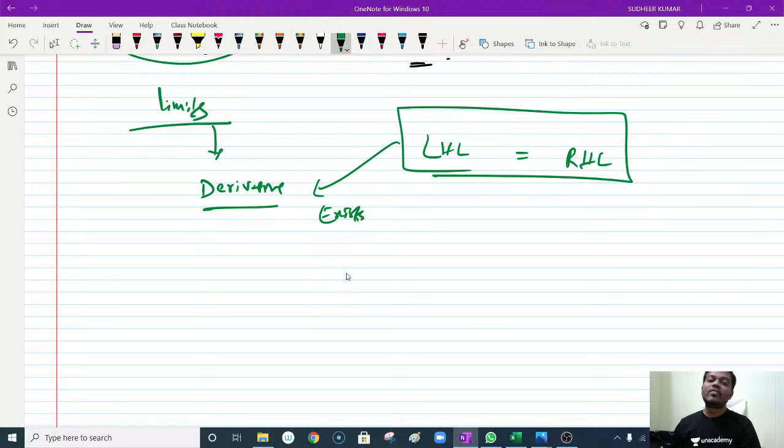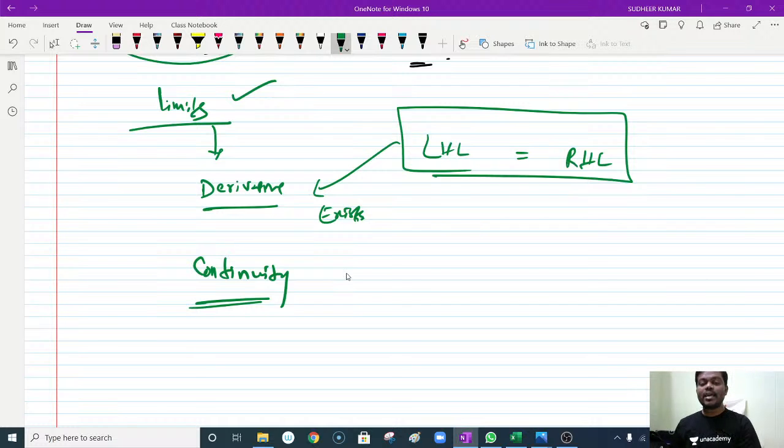If you know that, then we can find its derivatives, right? The process of finding the derivative of a function is known as differentiation. Next, if you want to know about continuity, we should know the limits as well as the derivatives.